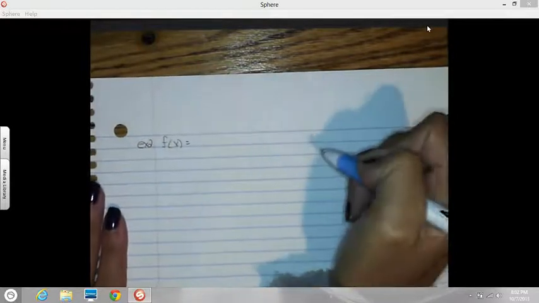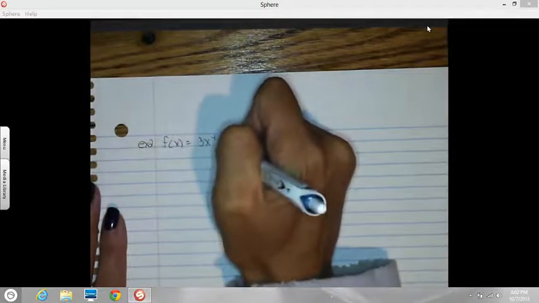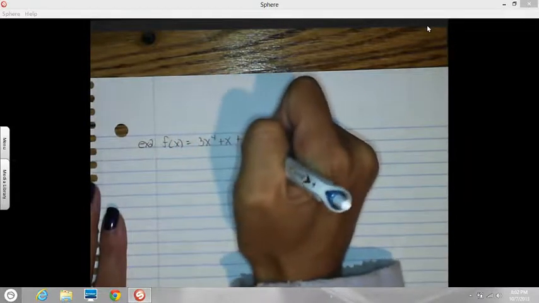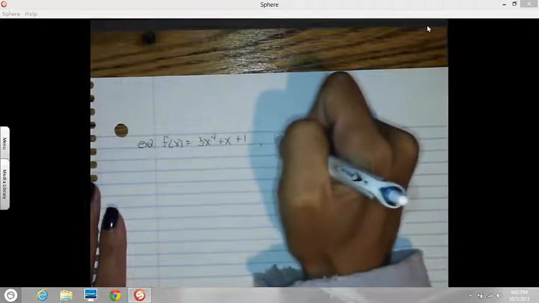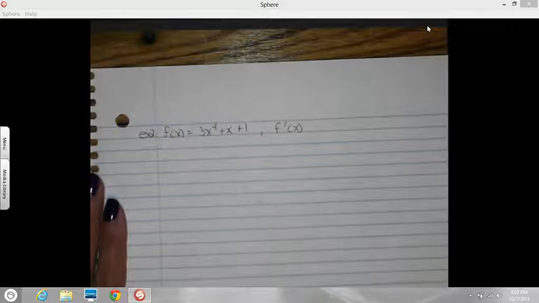Let's start with f of x equals 3x to the 4th plus x plus 1, and your goal is to find the derivative function of x. Okay?